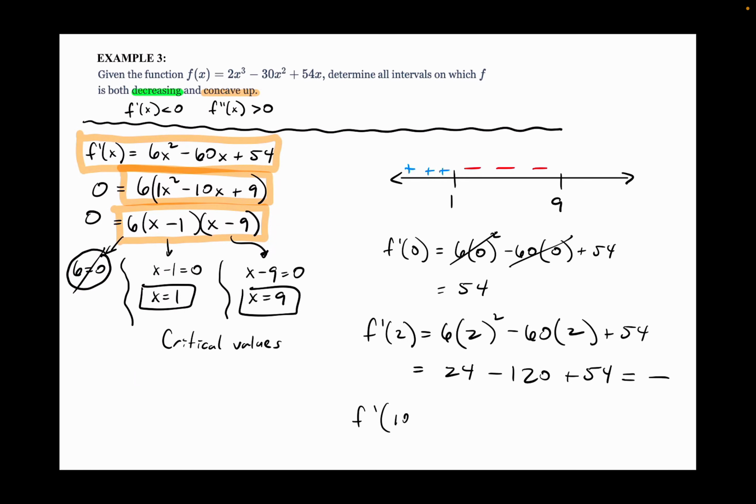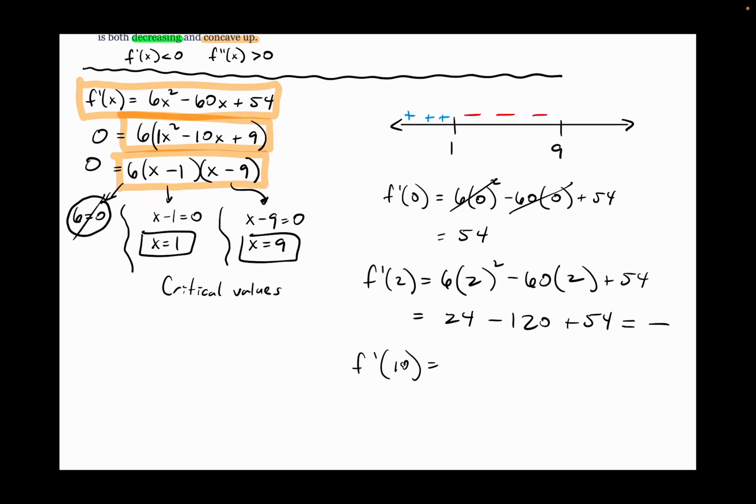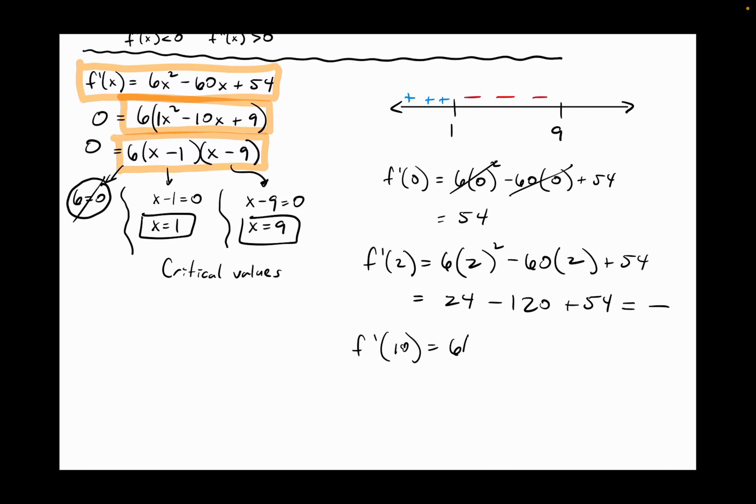Last one, bigger than 9. 10. 6 times 100 is 600. Minus 600 plus 54. 54.